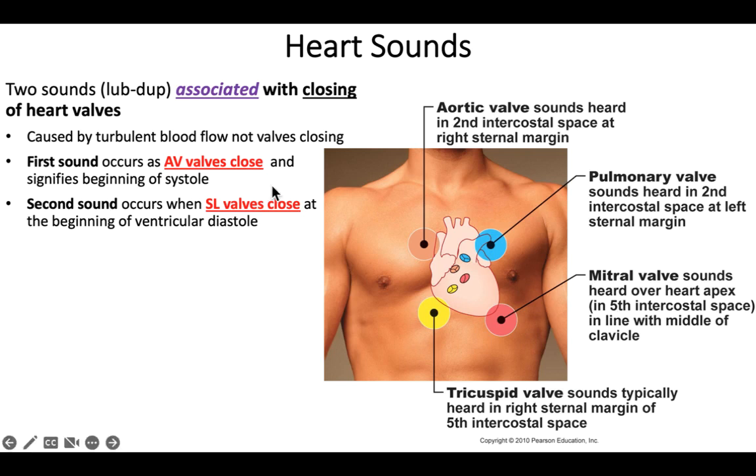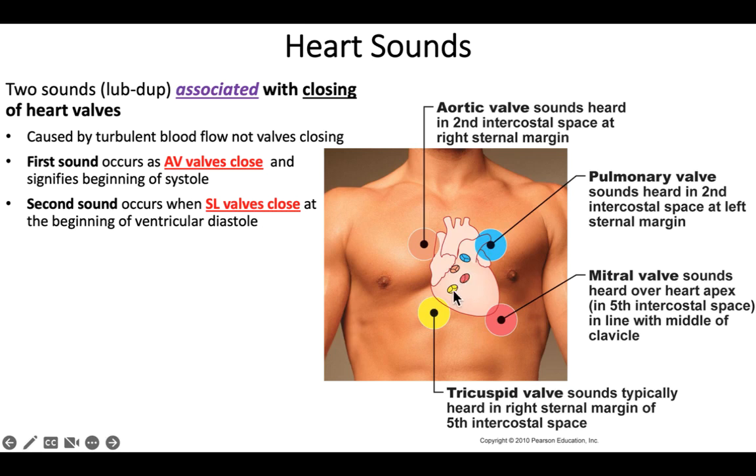This is known as auscultation. So auscultation is listening to a bodily sound. In this case, it's the turbulence that is associated with closing of heart valves. So notice in this picture they kind of draw the heart in its proper location. If we were to label these valves, these two would be the AV valves. This would be the mitral valve.